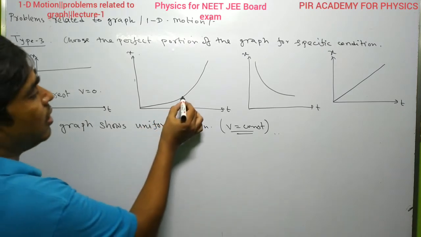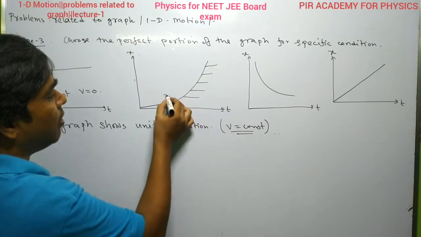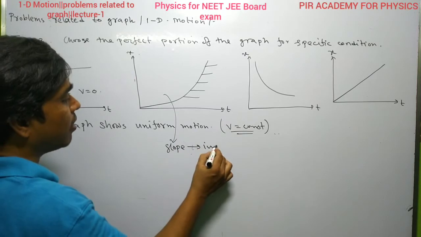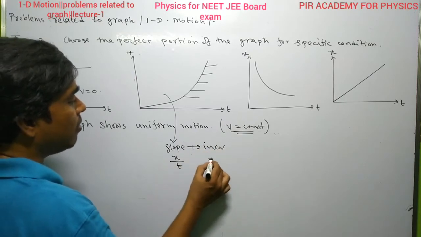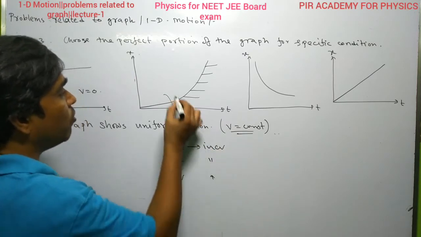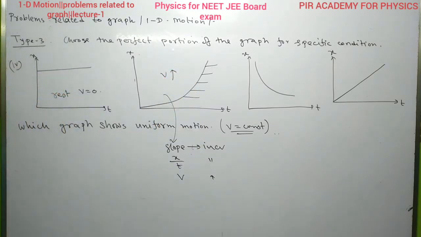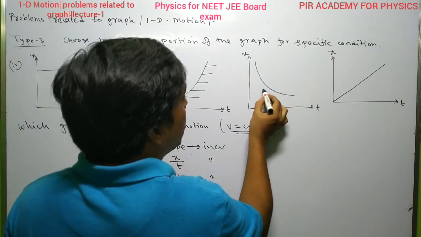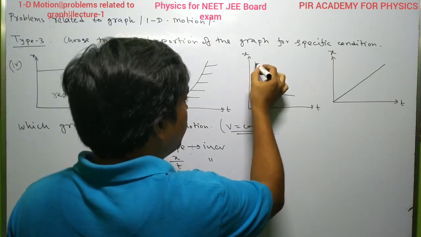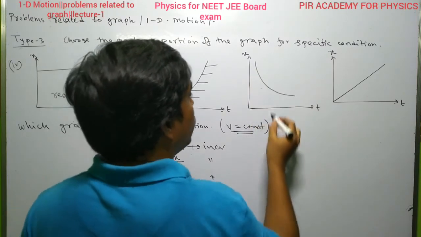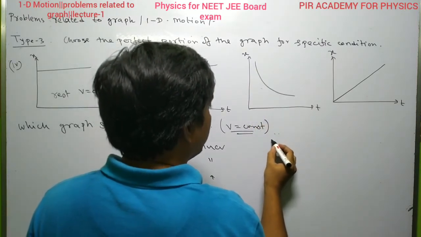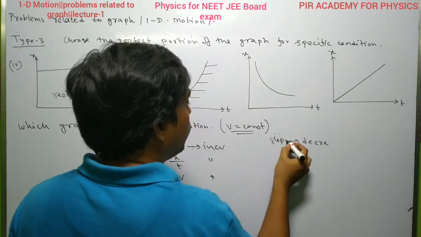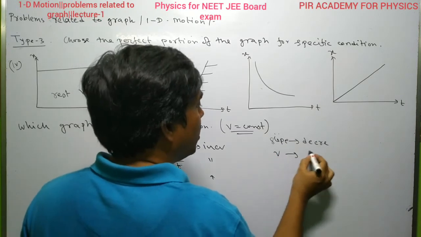Here the slope is increasing, so x by t is increasing, so v is increasing. Here the slope is decreasing, so velocity will be decreasing.